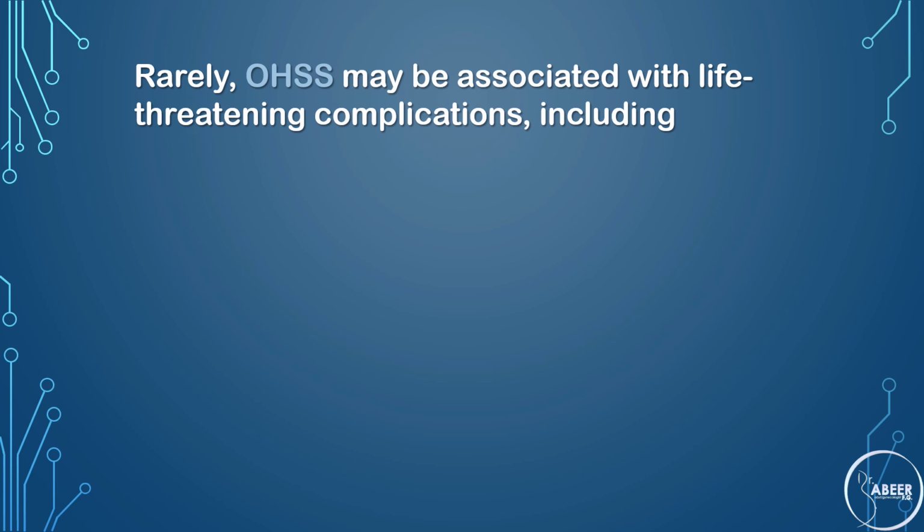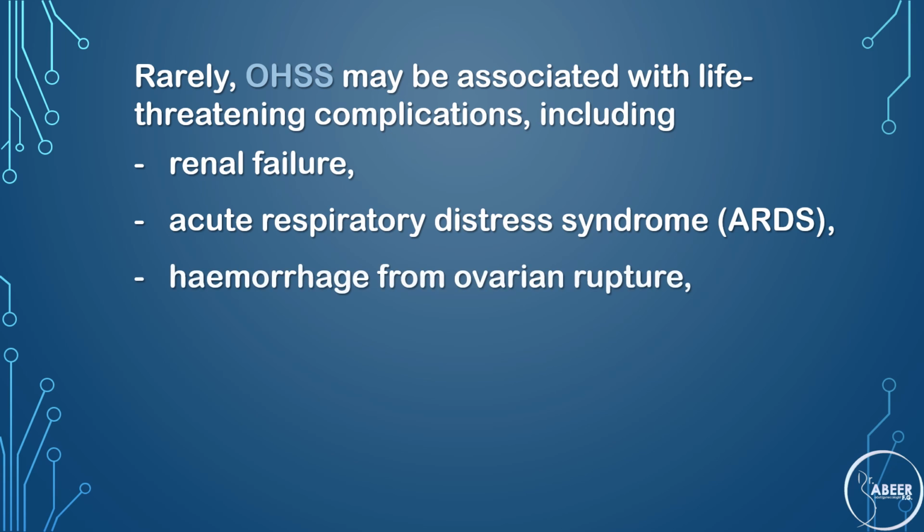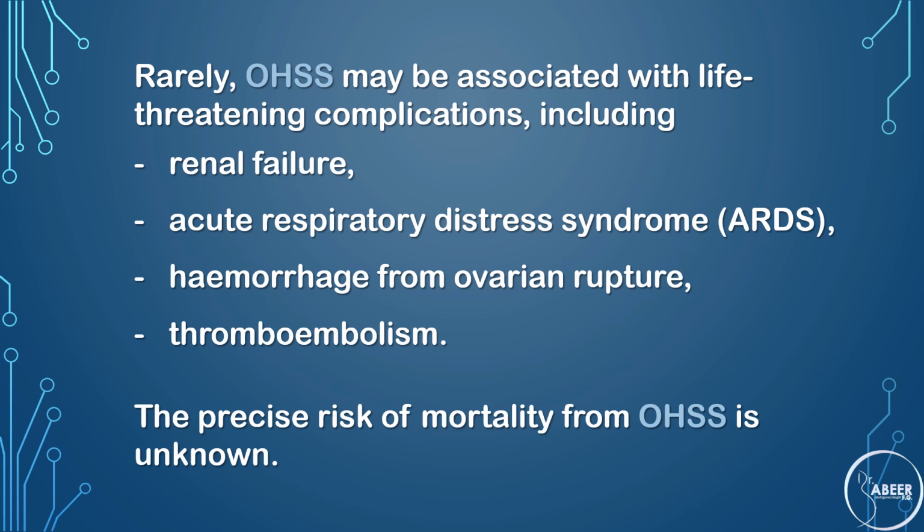Rarely, ovarian hyperstimulation syndrome may be associated with life-threatening complications including renal failure, acute respiratory distress syndrome or ARDS, hemorrhage from ovarian rupture, and thromboembolism. The precise risk of mortality from ovarian hyperstimulation syndrome is unknown.